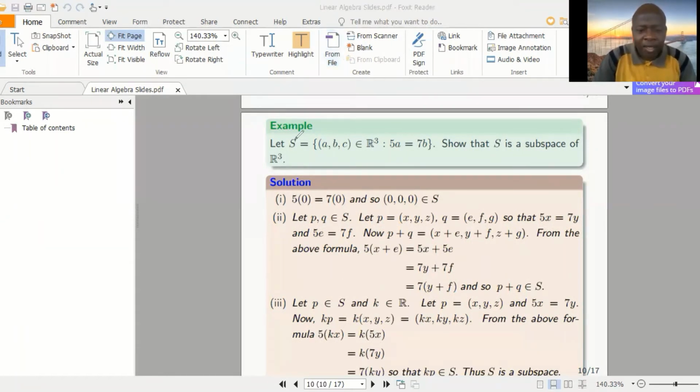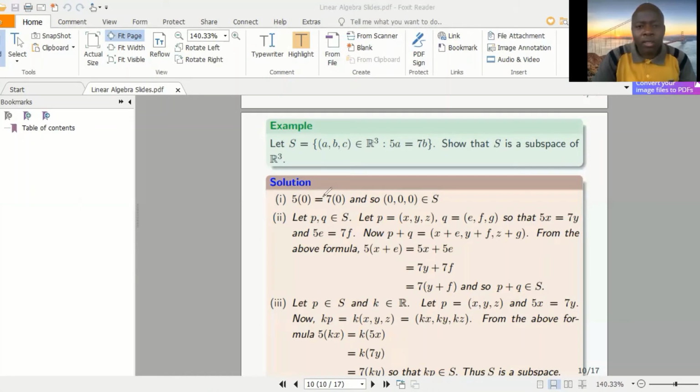The first example says, let S be a set comprising of (A, B, C) in R3 such that 5A is 7B. Show that S is a subspace of R3. That means we do not use specific examples, but we go through the three properties.